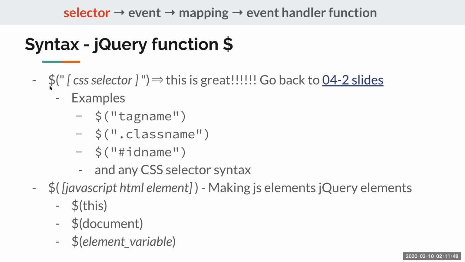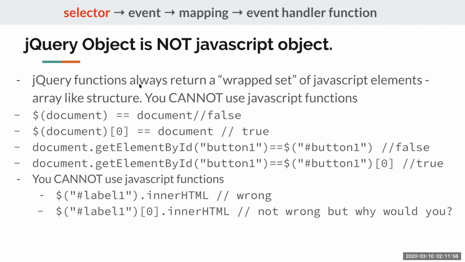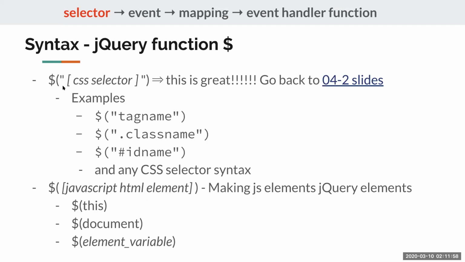The $ sign in parentheses is actually a function, and what's inside the parentheses is an argument. You can specify the CSS selector inside the double quotation marks, which is going to select any HTML elements that you want.